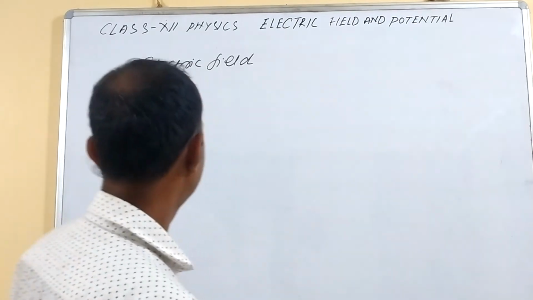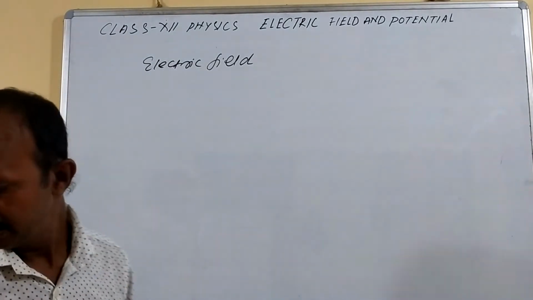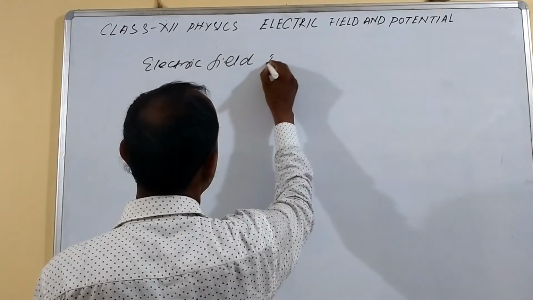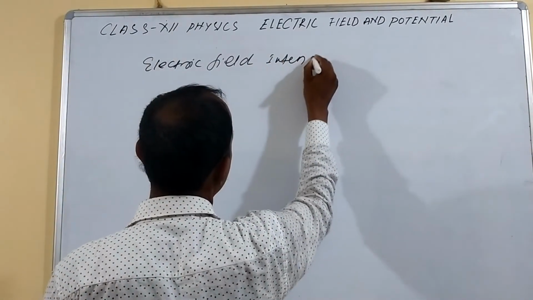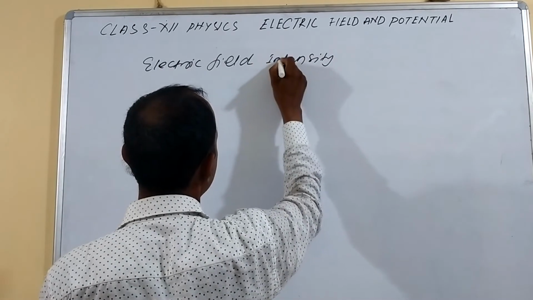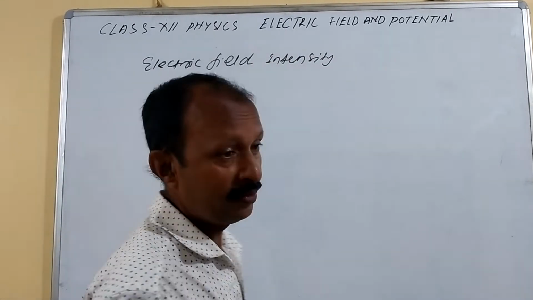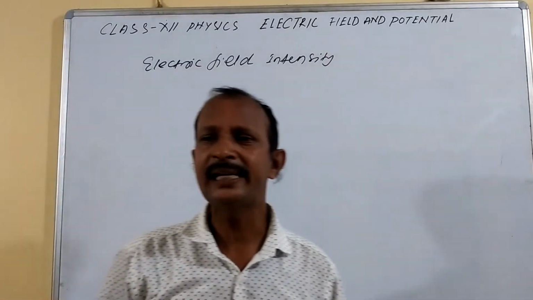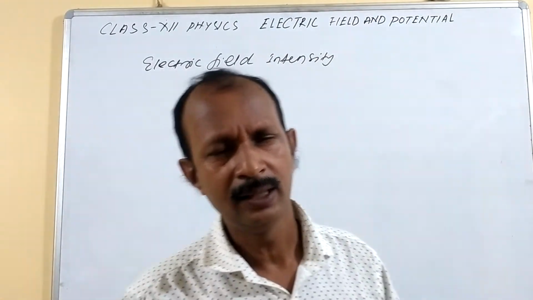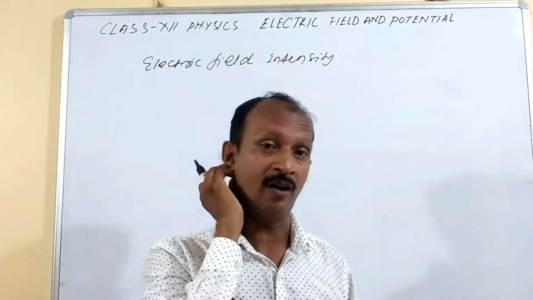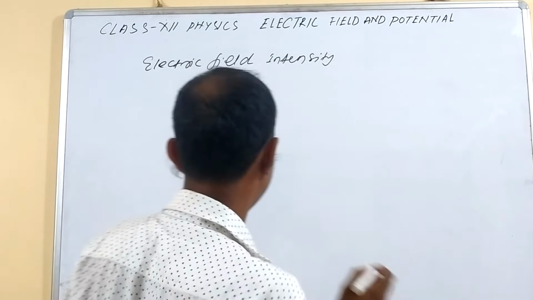Next point is about the electric field intensity. What is electric field intensity? This is the quantitative measure of strength of the field.